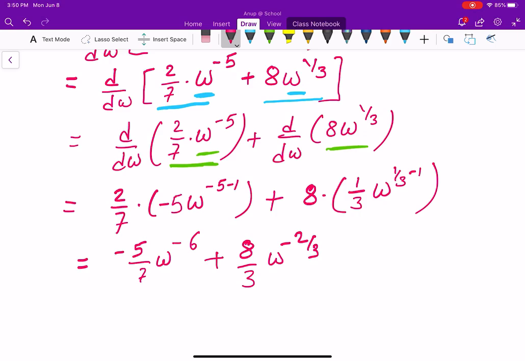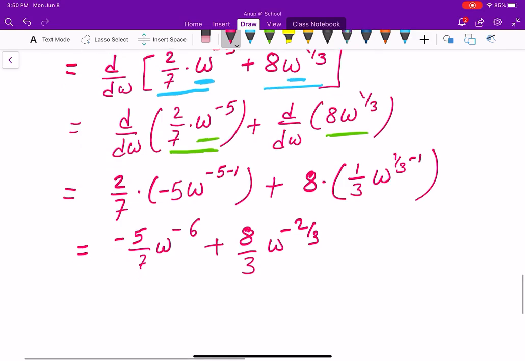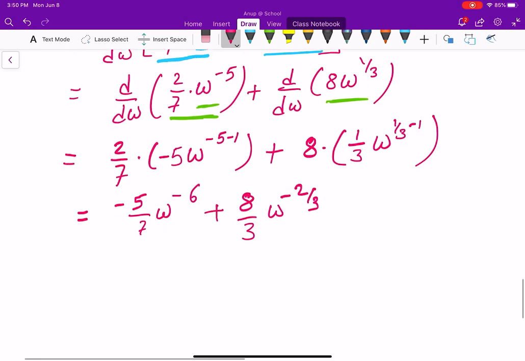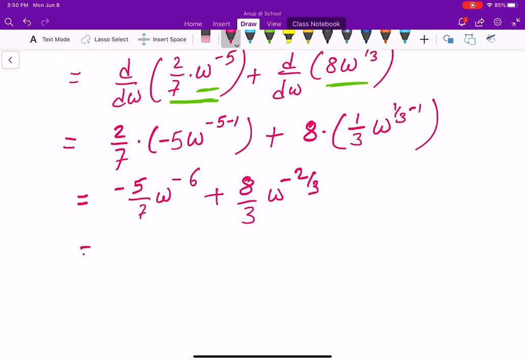So this is the simplification of the derivative of the given function. This is already the derivative, but if you want to rewrite it in positive exponent form, it can be written as negative 5 over 7 times w to the power 6 plus 8 over 3 times w to the power 2/3.